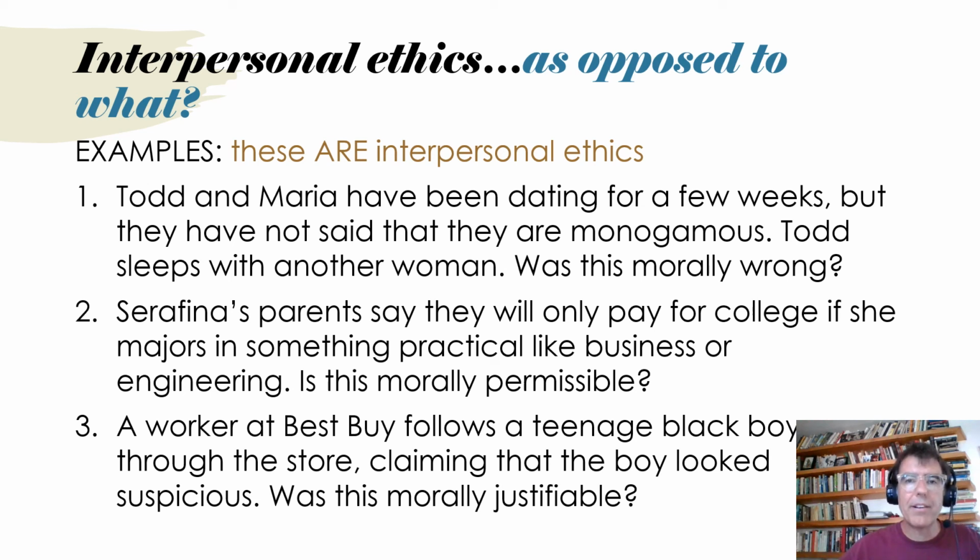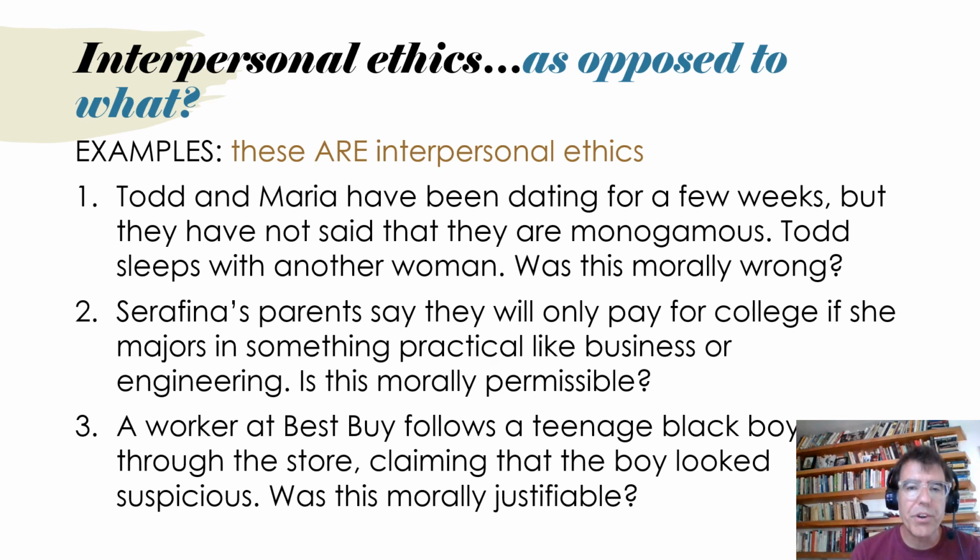They are all ethical, so they're not empirical questions. And they're all interpersonal ethics, having to do with people interacting with each other. In number 1, the Todd and Maria example, we have interpersonal ethics having to do with love, romantic relationships. For number 2, we have an example of interpersonal ethics having to do with family.